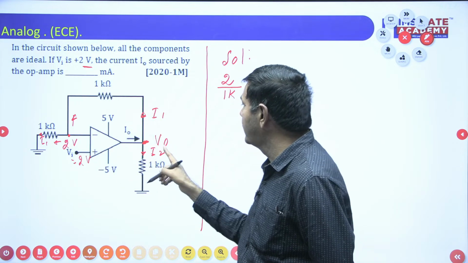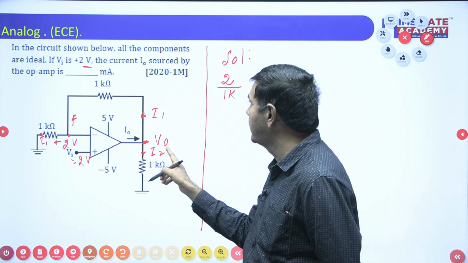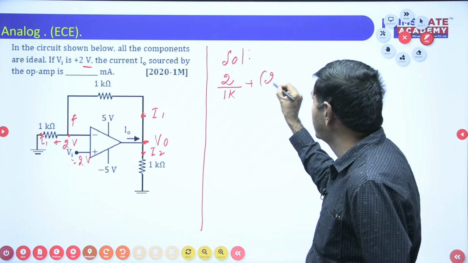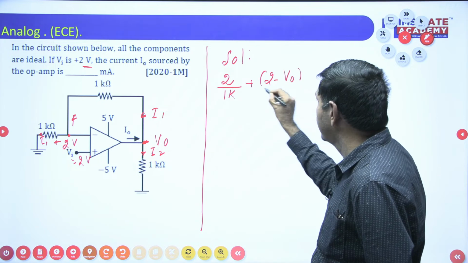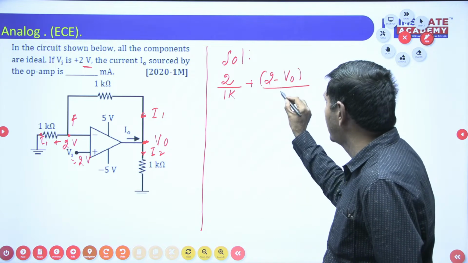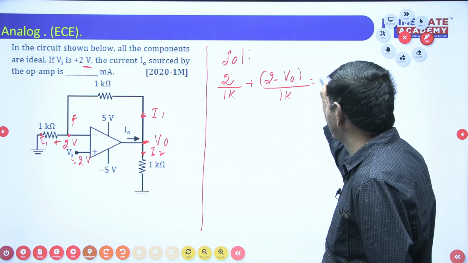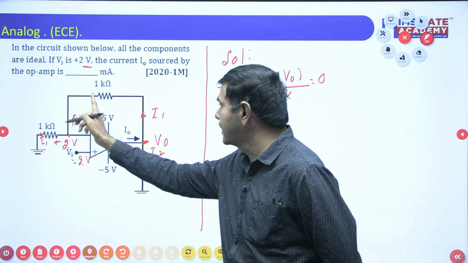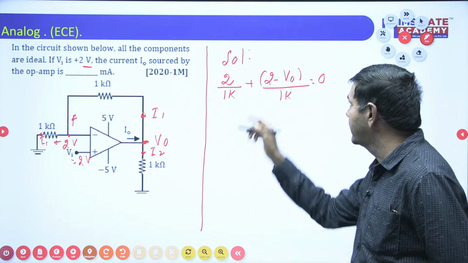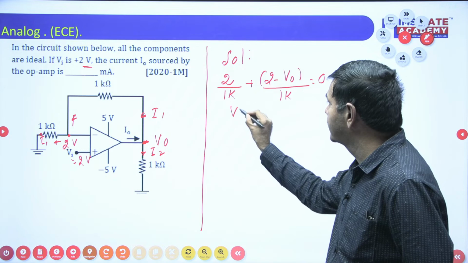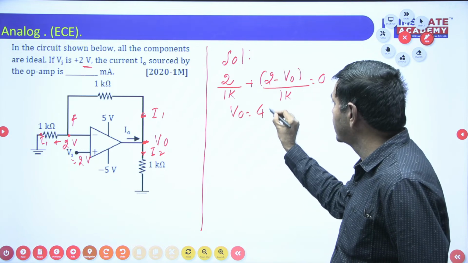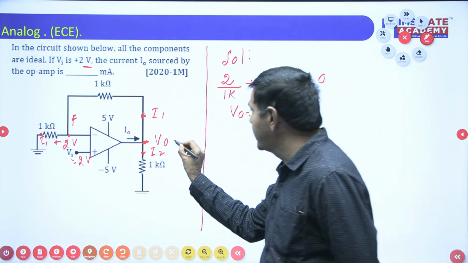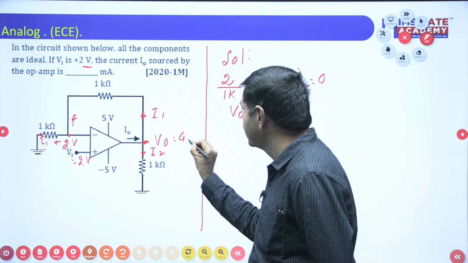It is (2 minus V0) by 1K. That equals 0. I am getting this current plus this current equal to 0 only. 1K and 1K cancel. Finally, V0 equals how much? I am getting 2 plus 2, 4 volts. Yes, we got this voltage V0 equal to 4 volts.